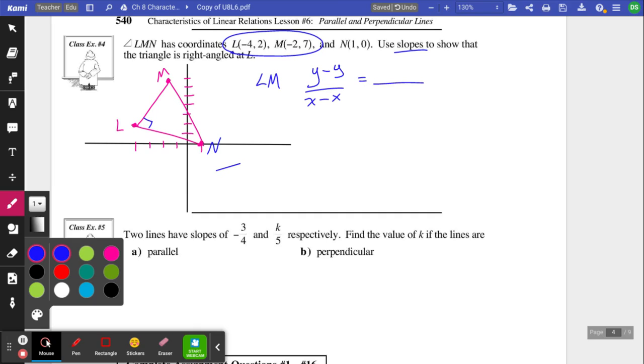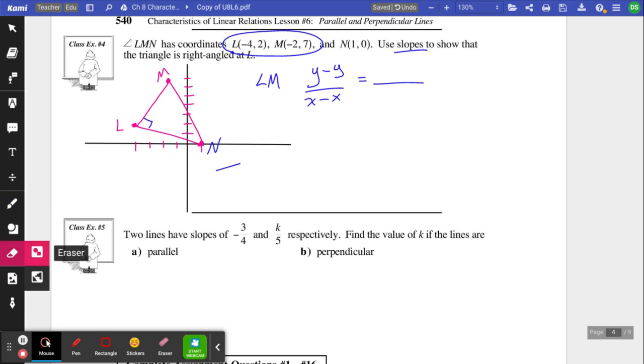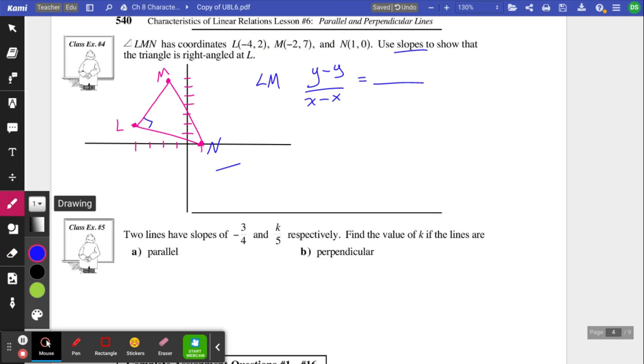Now wait, we didn't label. You're about to get confused. You should go before you do anything and label your X and Y. So which one is X and which one is Y on the L point? Well, the first one's always that. Okay. So now we can fill in. We won't be confused. 7 minus. There you go. Perfect. Over -2 minus 4. Excellent work. Go plus. Well done, Joey.